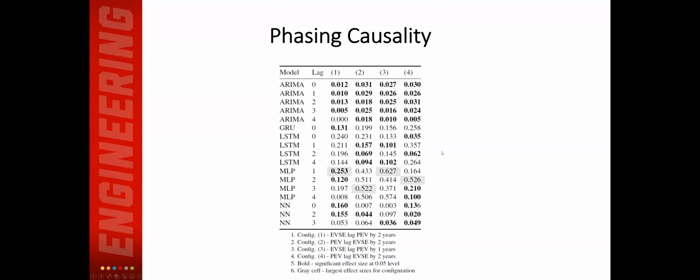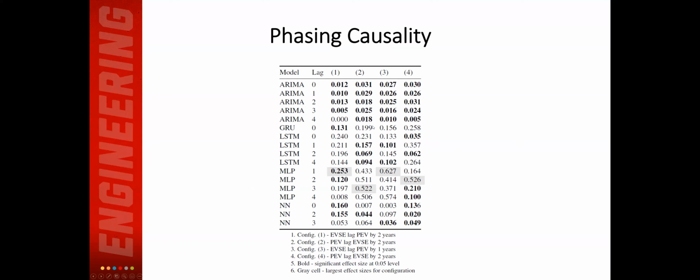Essentially what I'm showing here is we run a few different styles of models: an ARIMA, long short-term memory, and a multi-level perceptron neural net. What's shown here is just the results that are significant.